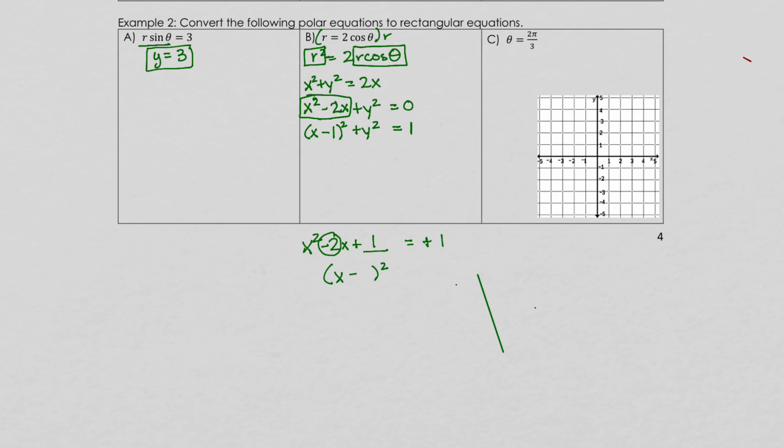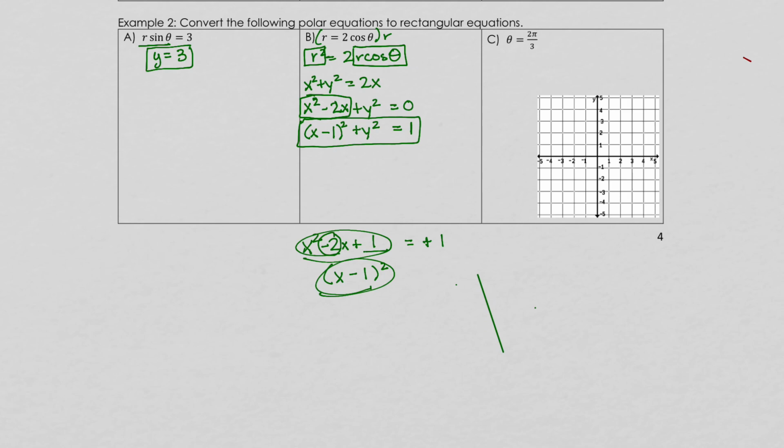And then this is half of it, which is negative 1. If you were to multiply this out, you get this, okay? So that's all I did. Because remember, you can add the same thing to both sides. It cancels out your equation. So this now is the equation of a circle or oval or ellipse, however you want to look at it. So we will leave it that way.